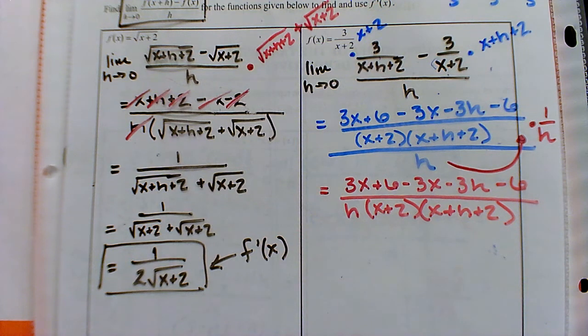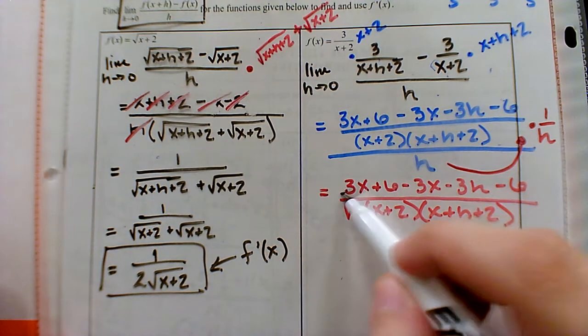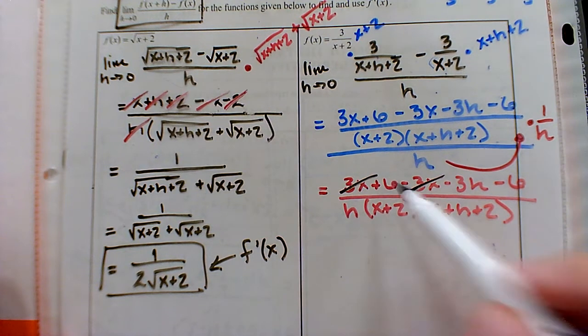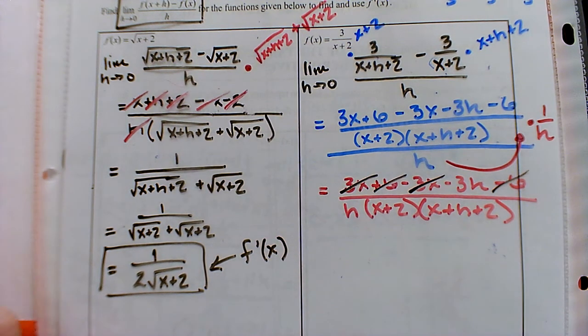Can we get cancel happy? Yeah? 3x is gone. 6 is gone. So we're just left with a negative 3h up top. Anything else can we say is gone?